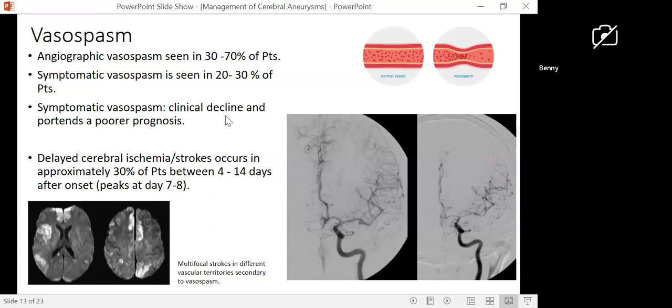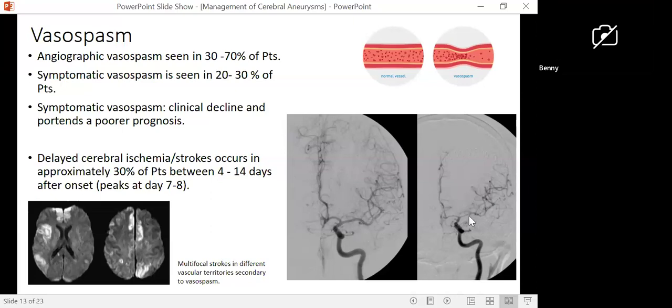So when someone comes in with a subarachnoid hemorrhage, they need to be closely monitored in the ICU for up to 2 weeks. Once you come into the ED, you need initial scans. You might need a drain for hydrocephalus. You need to have your aneurysm treated, and then you're going to stay in the ICU for 2 full weeks being closely monitored, because if there's evidence of vasospasm, we need to treat that.